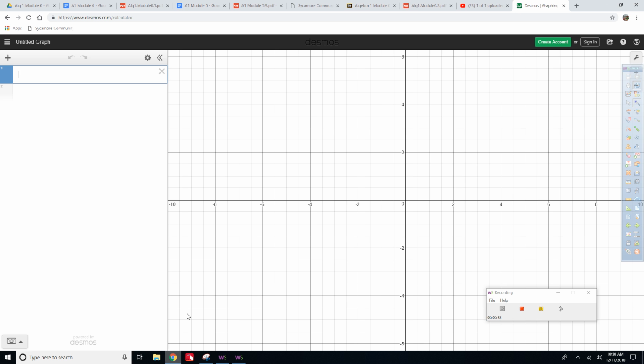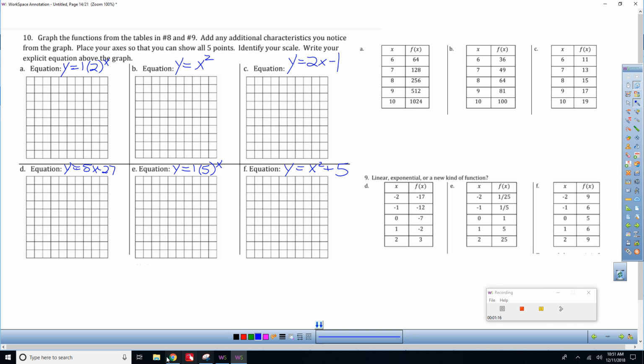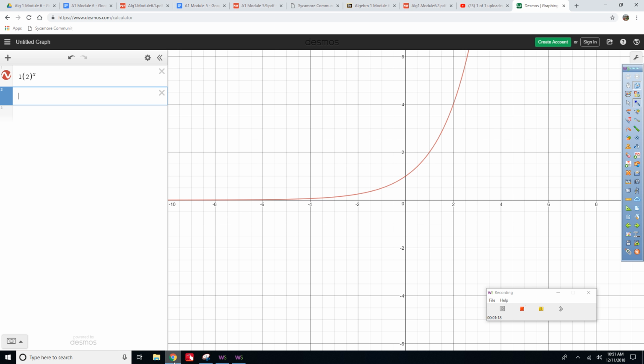So we got y equals 1 times 2 to the x power. Okay. And then our second equation was y equals x squared.